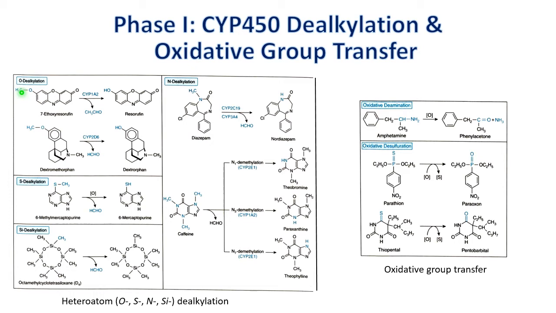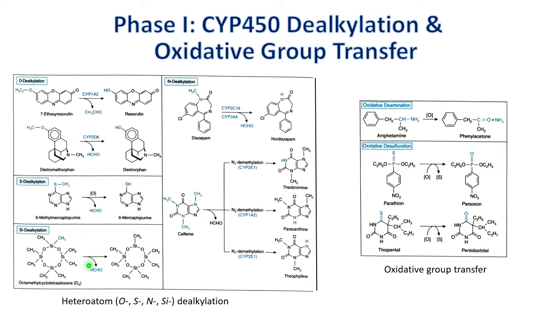So we're going from this alkyl group on here, that's an ethyl, actually an ether there, and then you're converting it to just a hydroxyl group. Dextromethorphan, which is a cough suppressant, removing the methyl group, converting it to a hydroxyl group, et cetera.